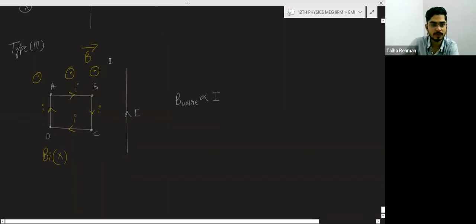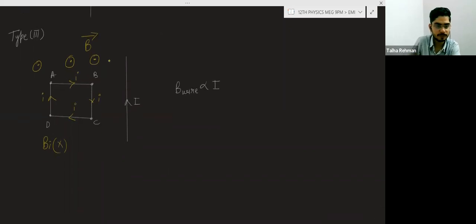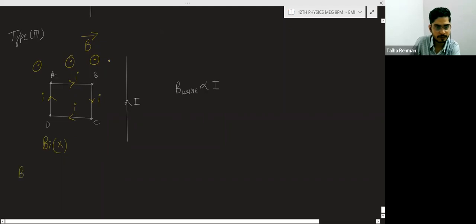Okay, so now we know that the magnetic field produced by the wire is directly proportional to the current flowing in the wire.